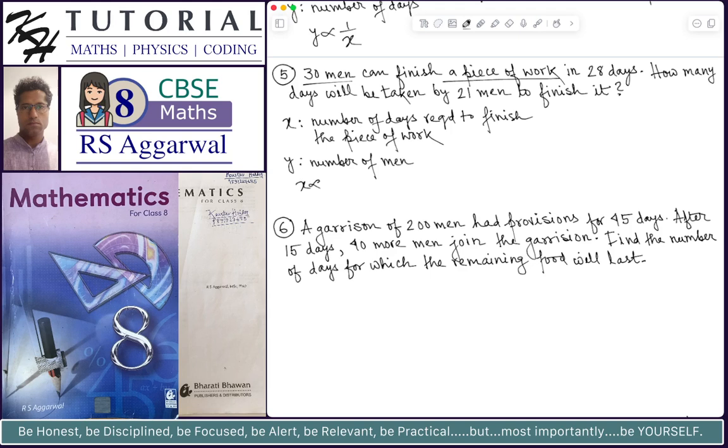So definitely x will vary inversely with y, or the quantities x and y will be in inverse variation.